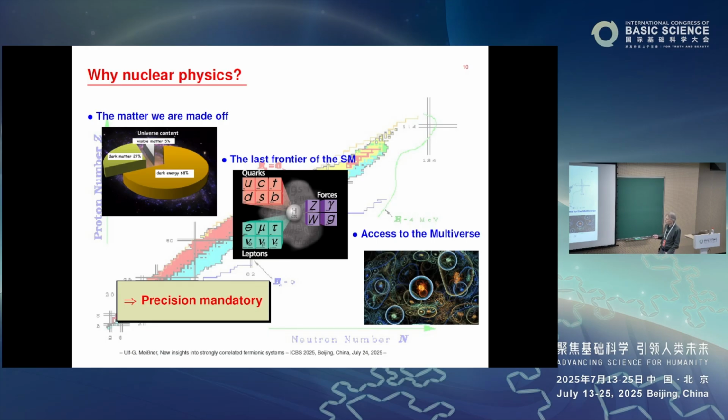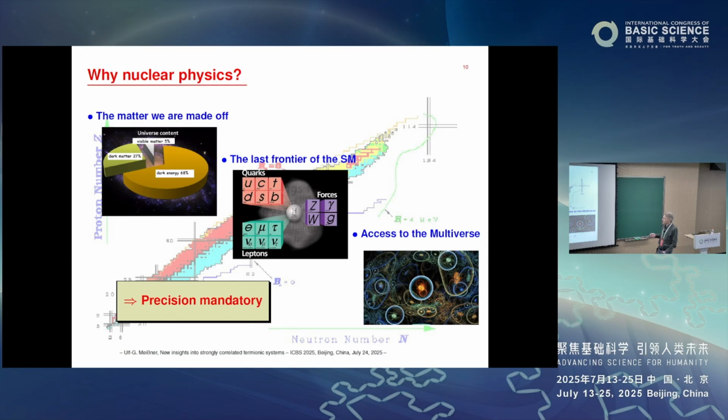First, conventional matter only makes 5% of the total energy budget of the universe. The matter we are made of is made of atomic nuclei. So if you want to understand what we are made of, you had better understand atomic nuclei.